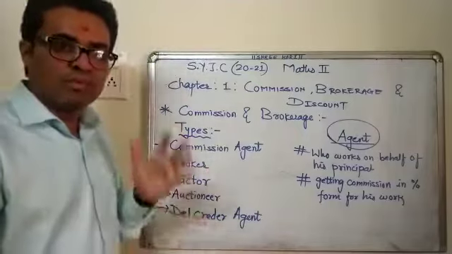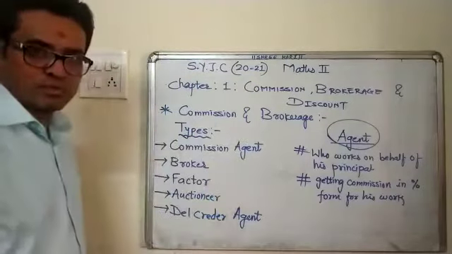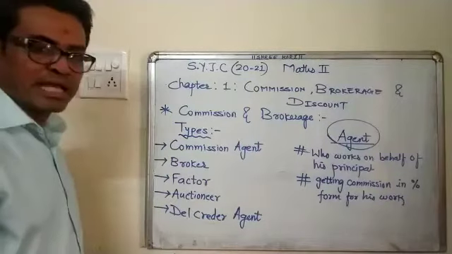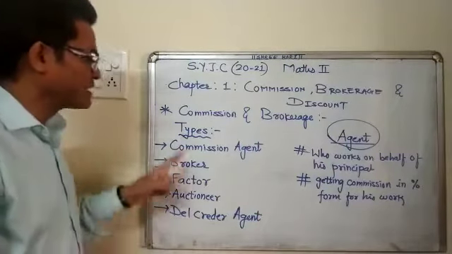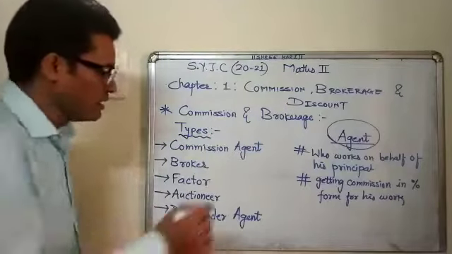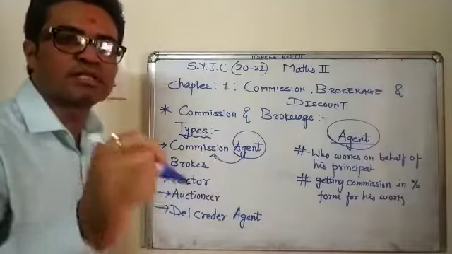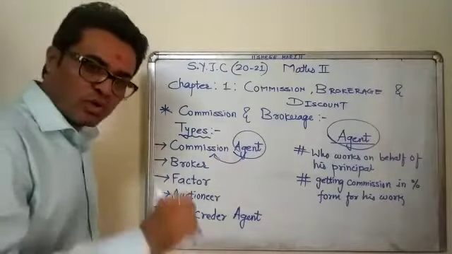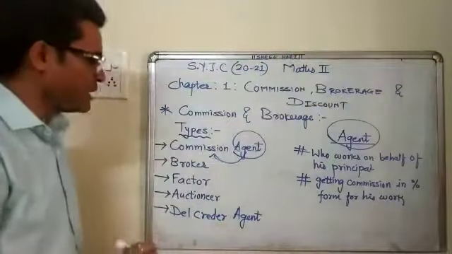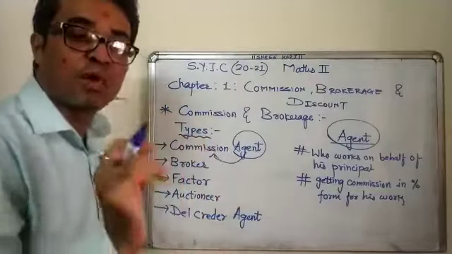Now, are all the works of agents the same? No, because there are some different types of agents also. The very first is the commission agent. A commission agent is an agent who either sells or purchases goods on behalf of his principal, and that agent gets commission from one side.